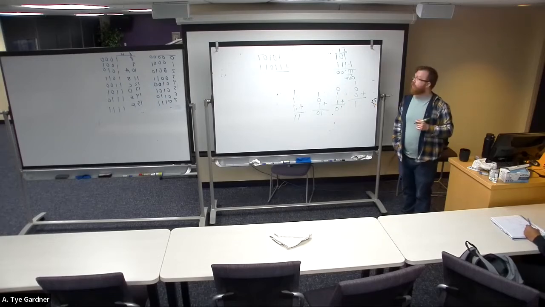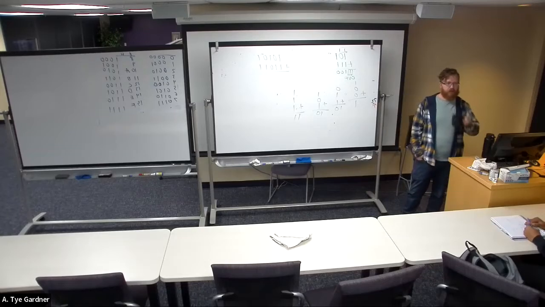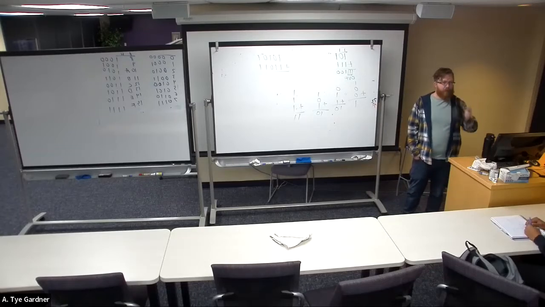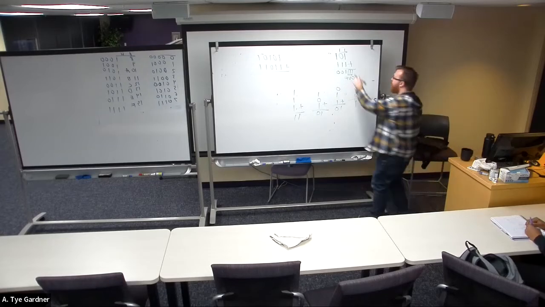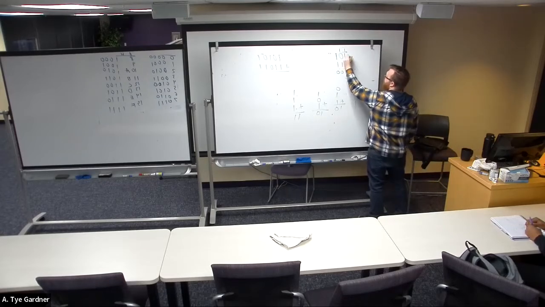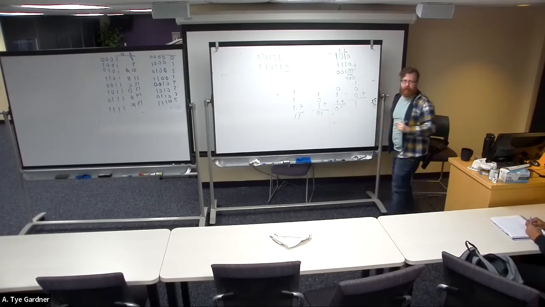Even though we had those 2 numbers, let's say we had a 4-bit number. Correct. So if I was adding 4-bit numbers, it's no longer overflow.